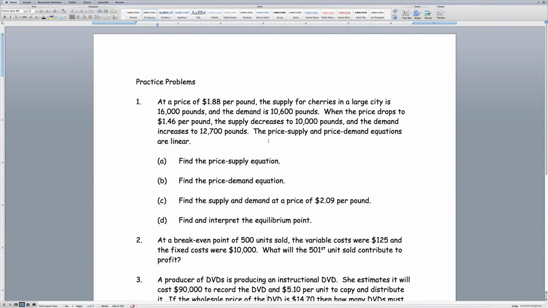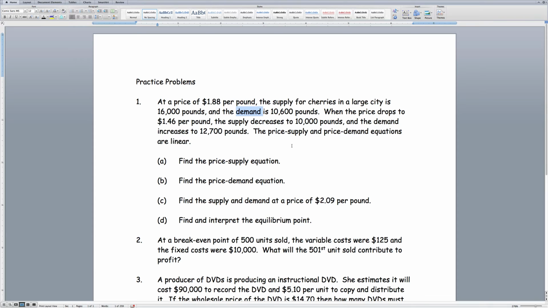The first problem, you can just glance through and see that it deals with supply and demand. Let me tell you a little bit about supply and demand. These 2 functions work in opposite directions.